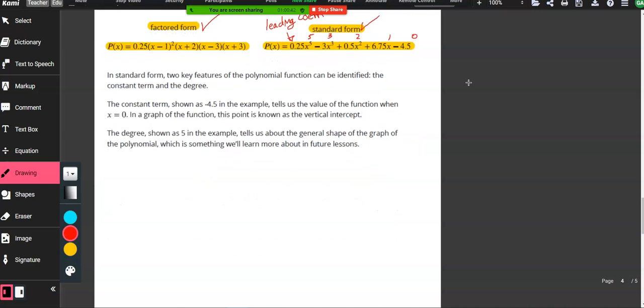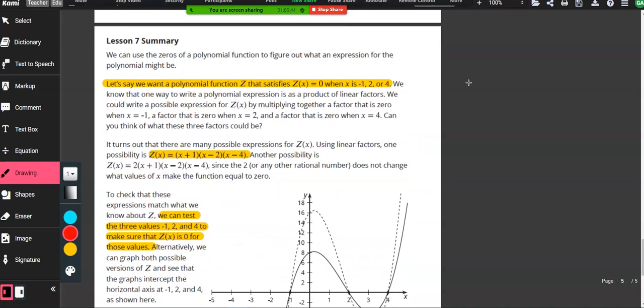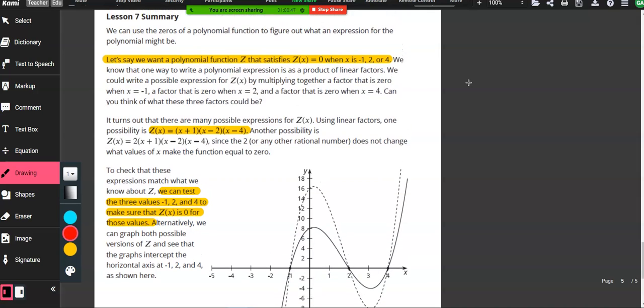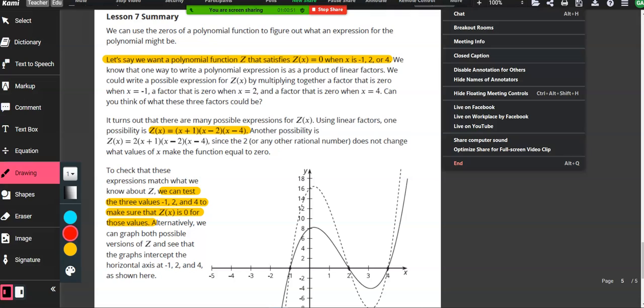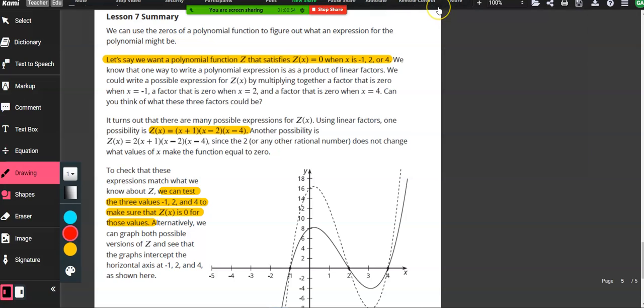And finally, the takeaway for lesson 7 is working backwards. Here's the example. They're telling you on the summary that -1, 2, and 4 are the x-intercepts. So they're saying x equals -1, x equals 2, and x equals 4.